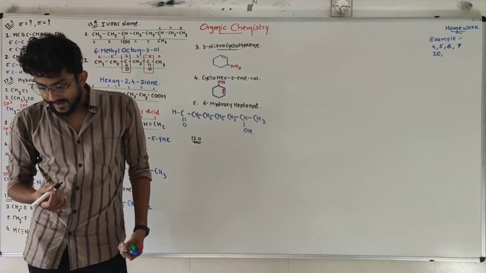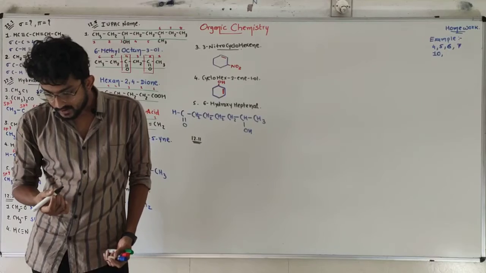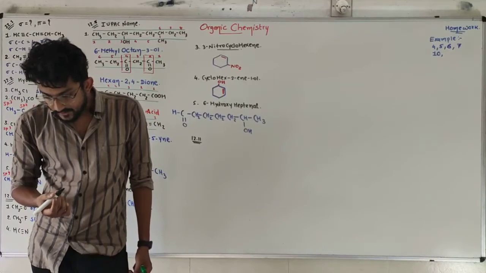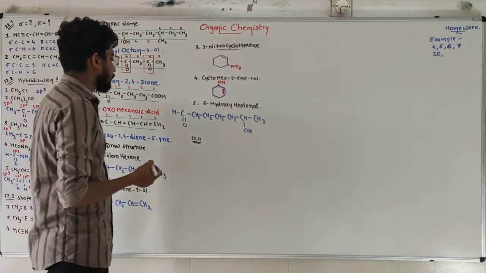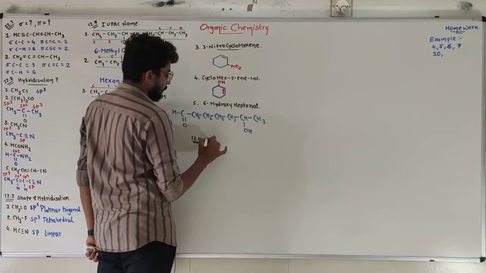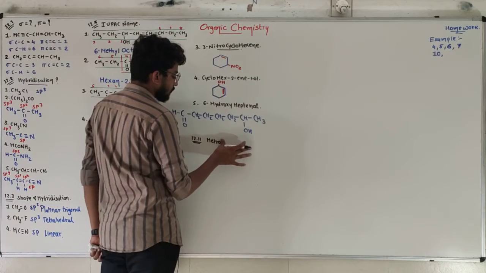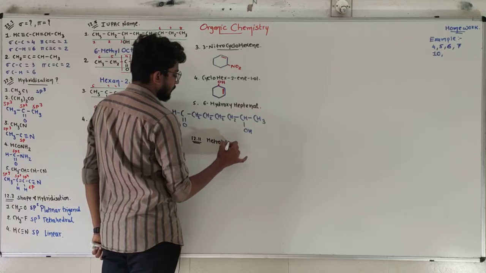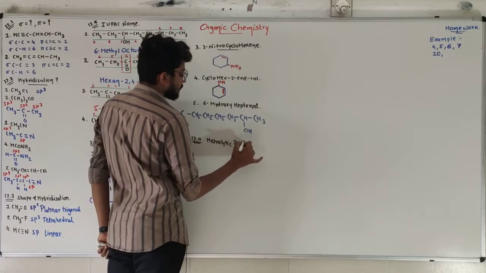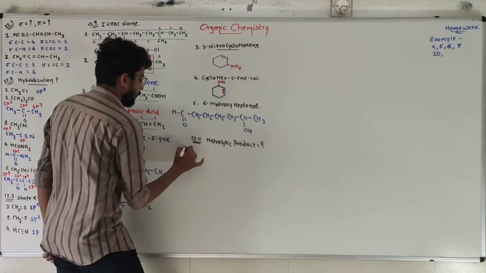Using the curved arrow notation, show the formation of reaction intermediates when the following covalent bond undergoes fission. So heterolytic products, we have to give them heterolytic products.